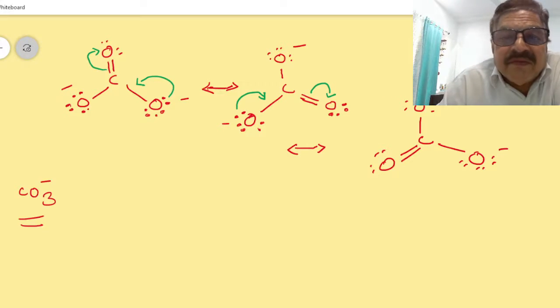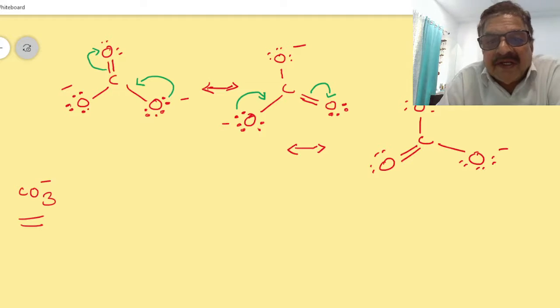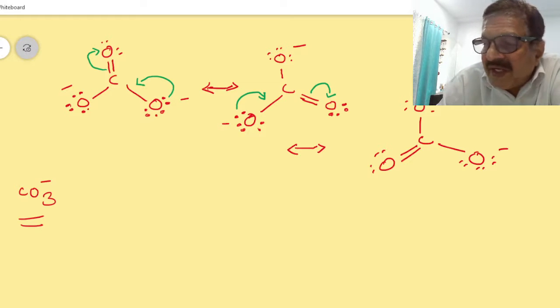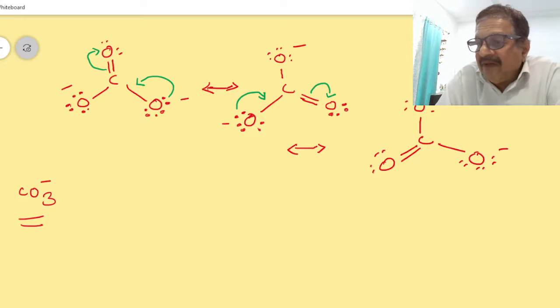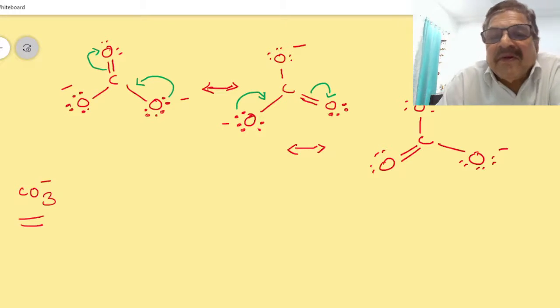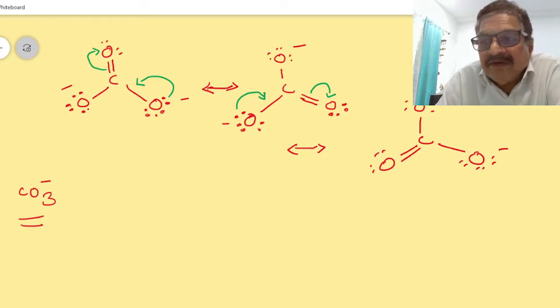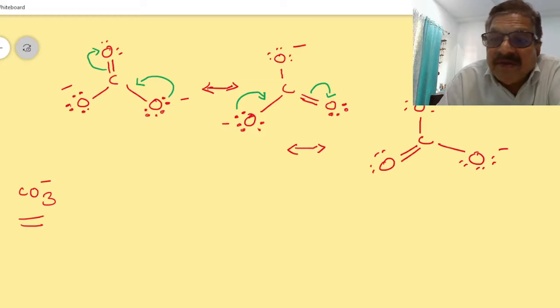Now what you have to note here is the delocalization of electron pairs. Delocalization of electron pairs, just like delocalization of a positive charge or a negative charge, increases the stability of that particular species.